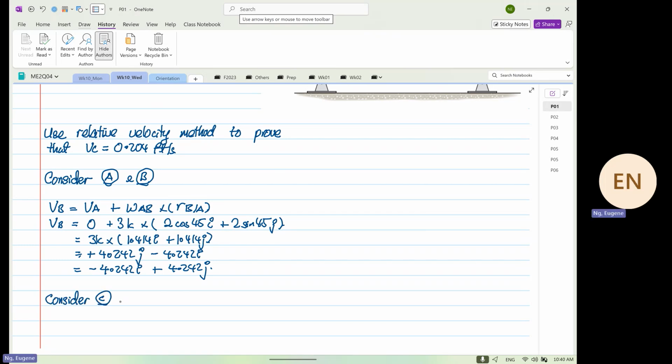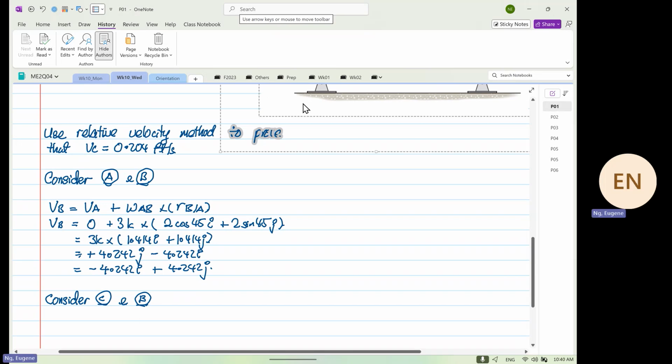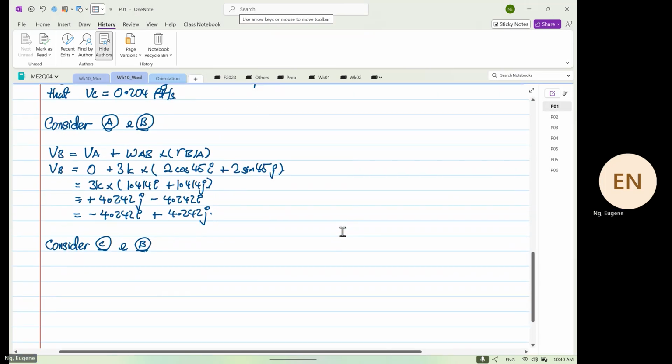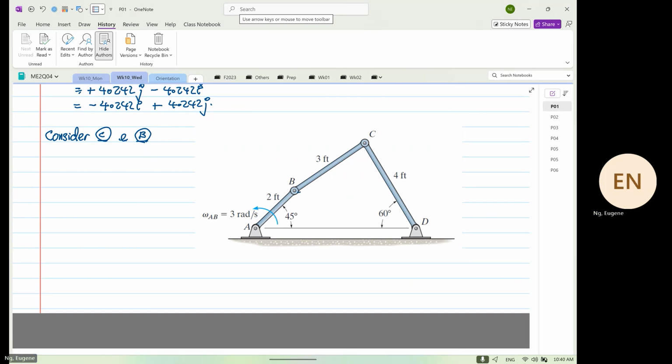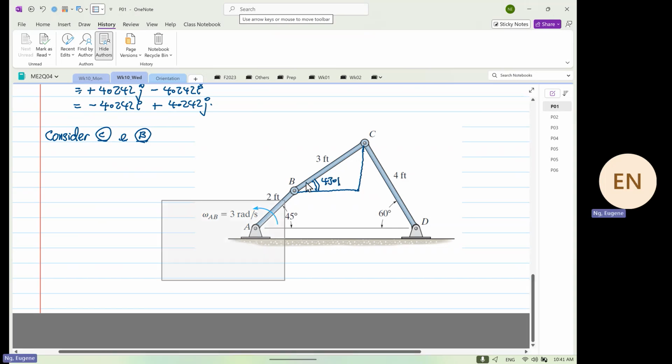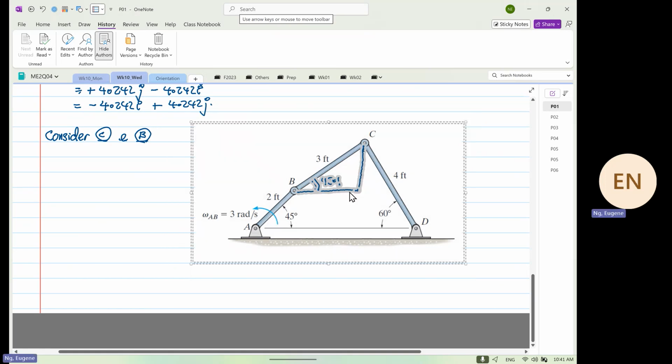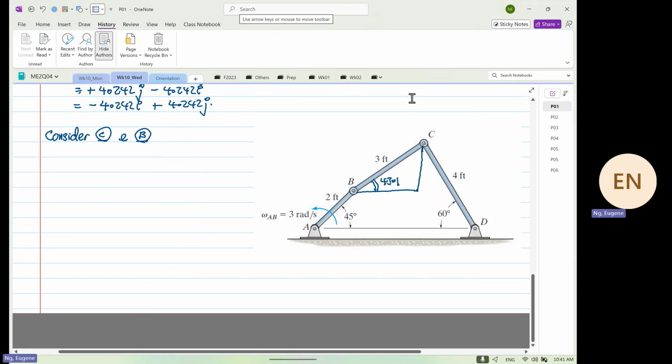The next thing we do is consider point C and also point B. We have shown previously that the angle over here is equal to 43.1, and the angle down there is also 43.1.